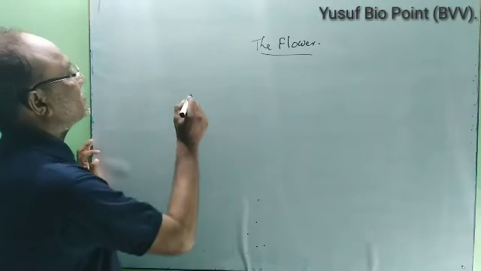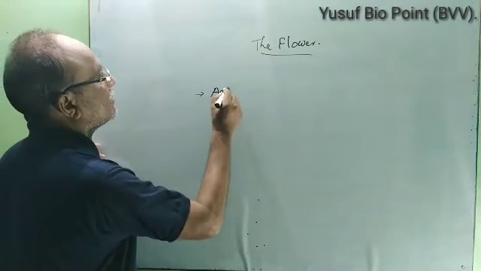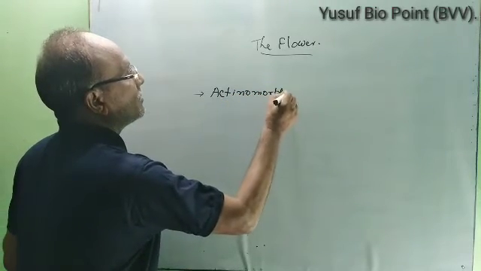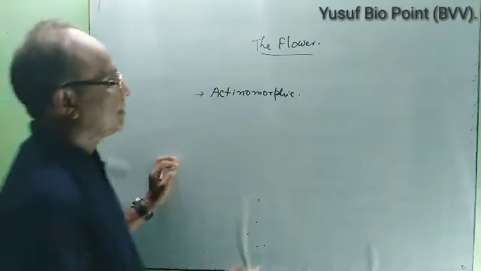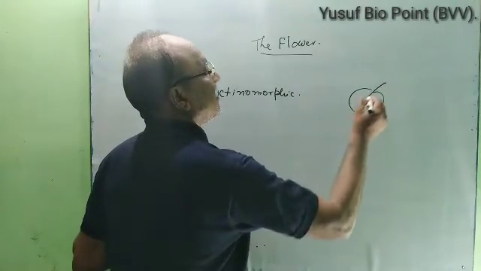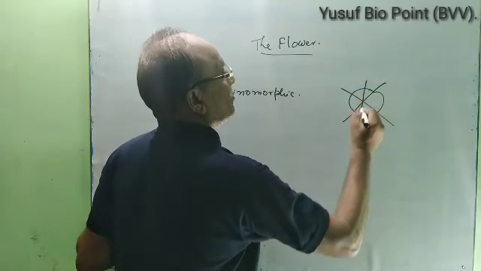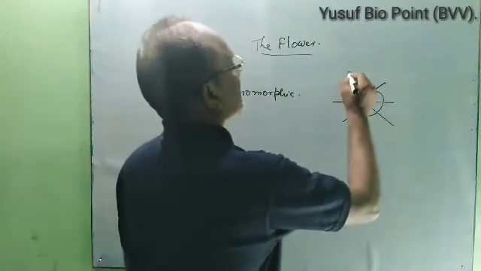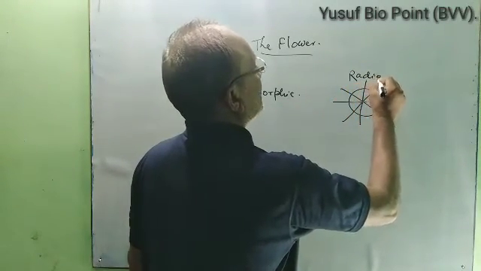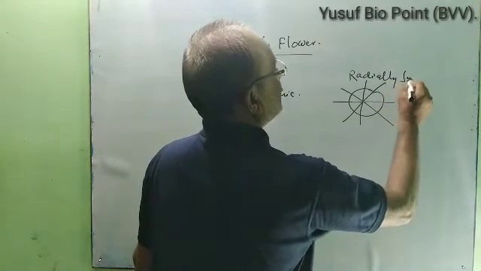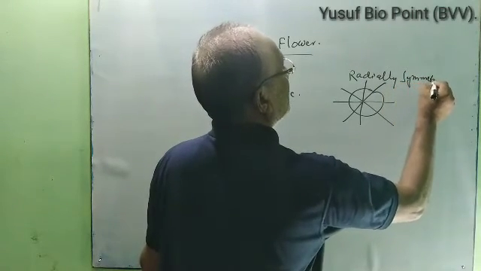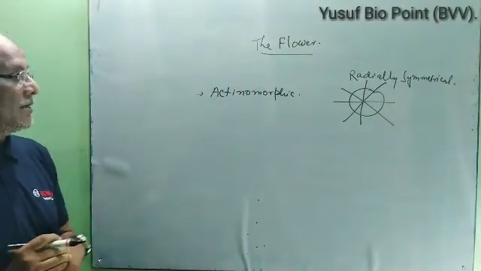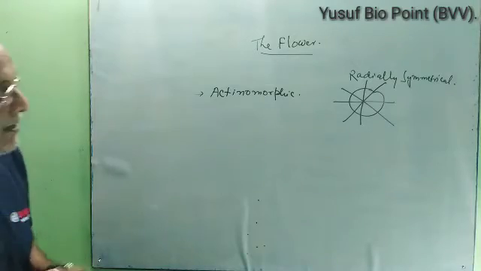Now the next term is actinomorphic. If the flower is cut into identical halves from any side, that is radially symmetrical, then it is called actinomorphic.